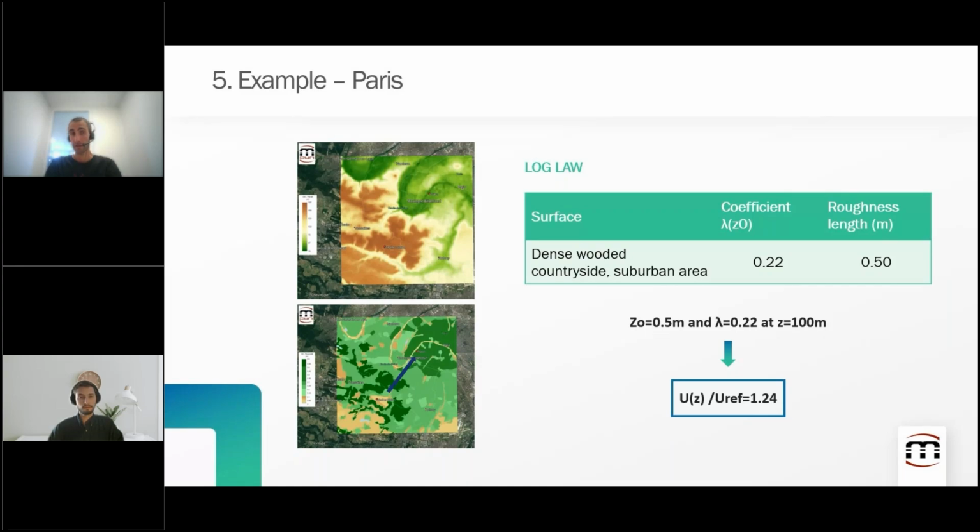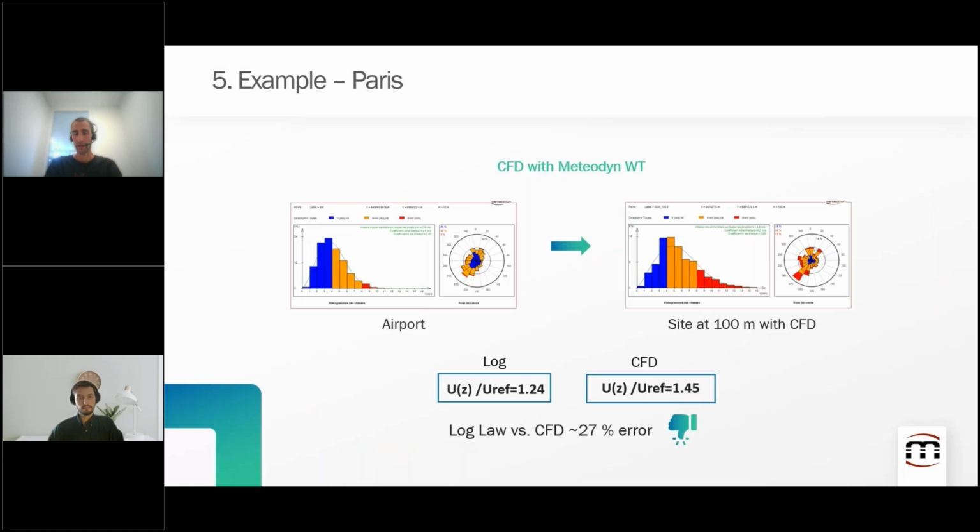So let's see the CFD, the more complex approach for the wind transfer. On the next slide, the CFD approach will actually give me much more wind speed, 45% more, because my land occupation is not as uniform as I claim in the log law. It is actually smoother, and when you have a smoother surface, the wind is going to accelerate.